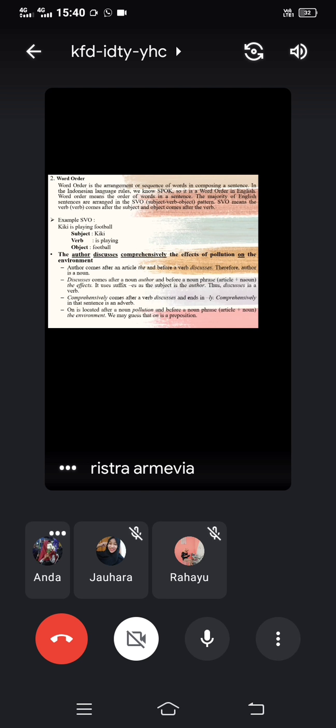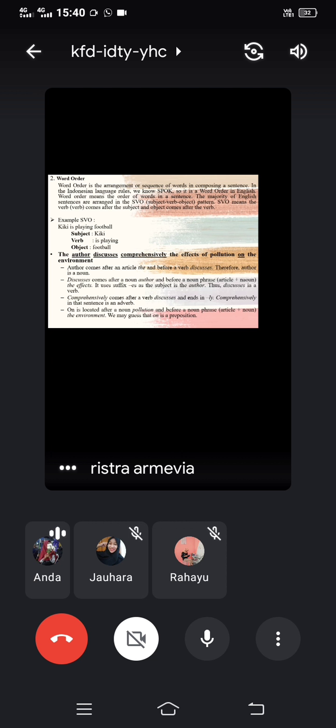2. Word order. Word order is the arrangement or sequence of words in composing a sentence. In the Indonesian language rules, we know SPOK, so it is a word order in English. Word order means the order of words in a sentence.